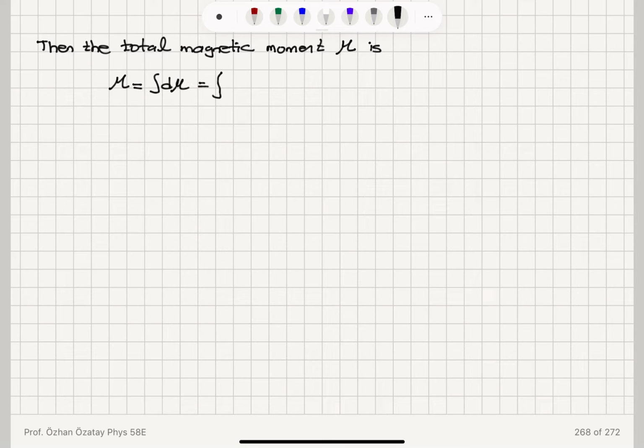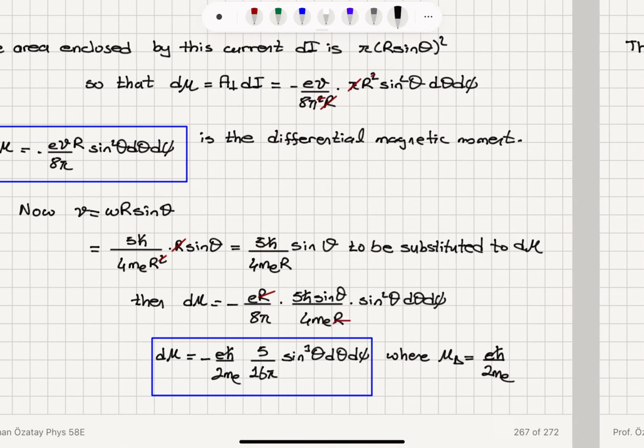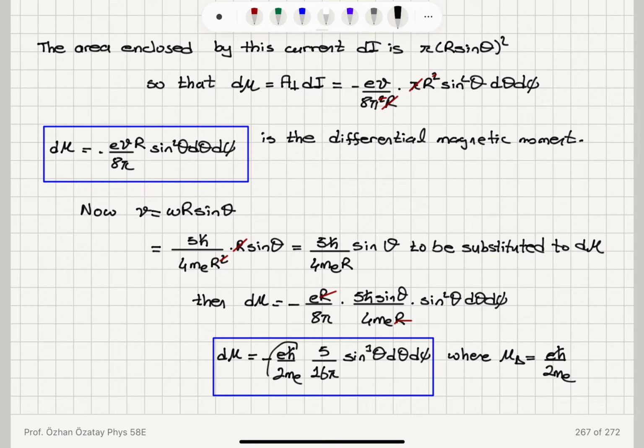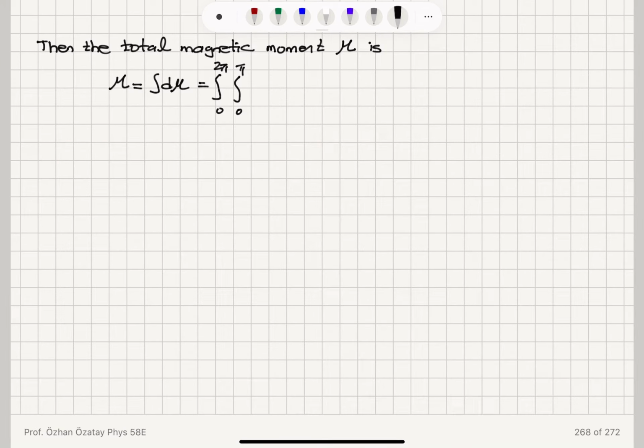It's an integral over phi from 0 to 2 pi and theta from 0 to pi. We have, as you can see here, 5 over 16 Bohr magneton with a minus sign, sine cube theta d theta d phi. So we have minus 5 Bohr magneton divided by 16 pi, sine cube theta d theta d phi.